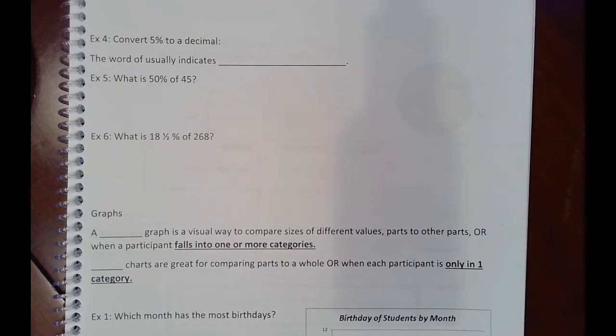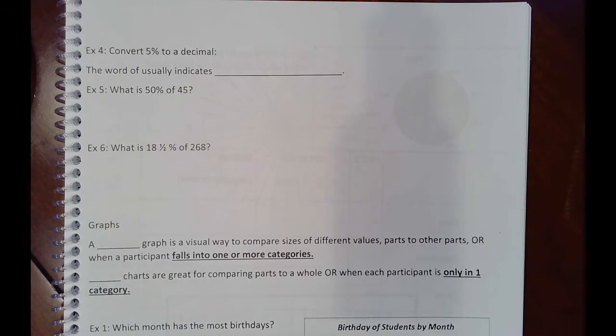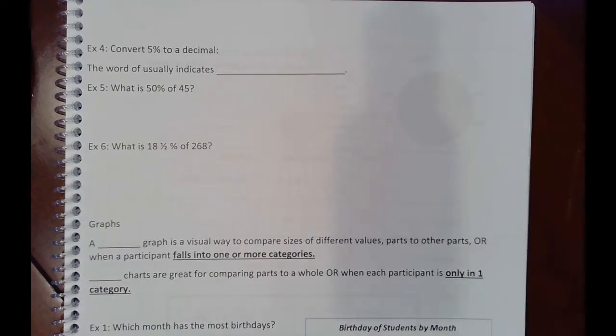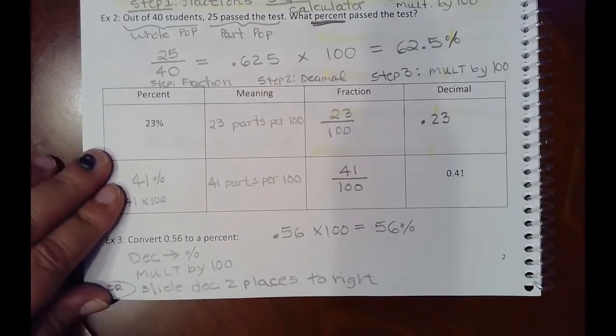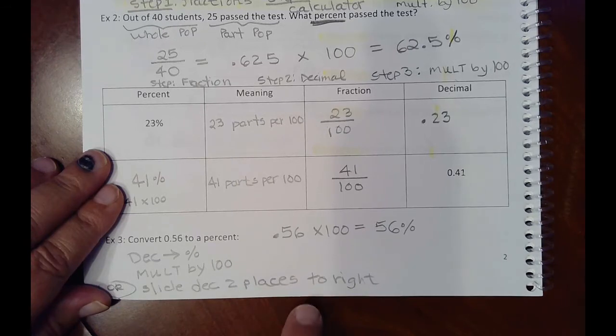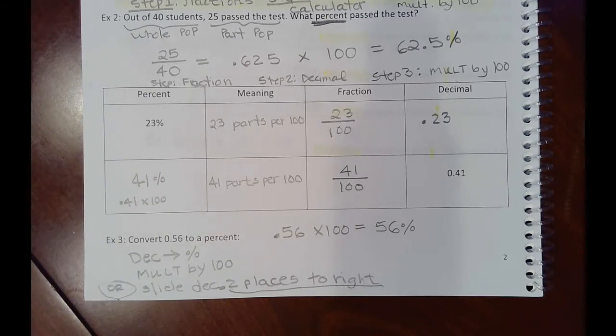Okay, now we get to this next page, and this says convert 5% to a decimal. So if what you're doing when you turn it into a percent is either multiplying by 100, which is the same thing as sliding the decimal 2 places to the right, then if you're going to go from something that's already a percent back to a decimal, you would slide it 2 places to the left.